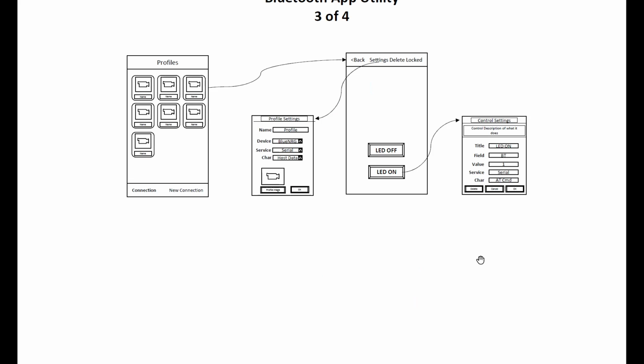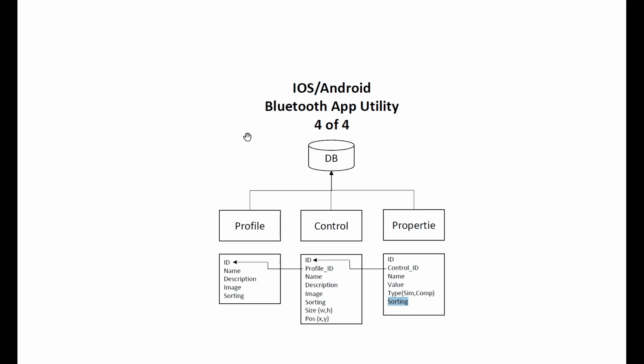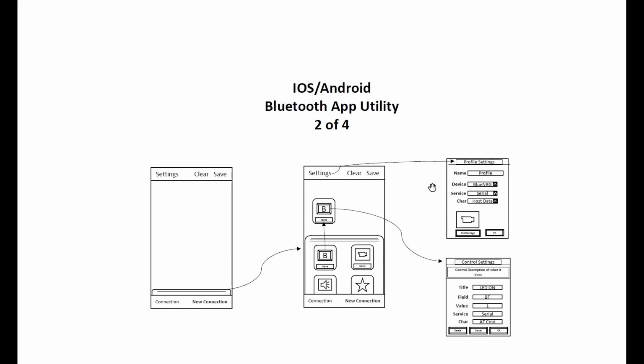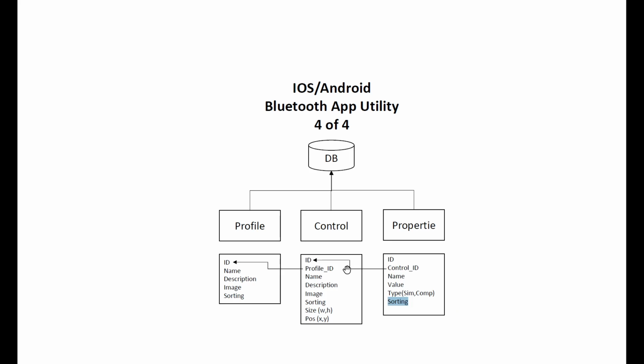So the idea here is that this database is going to be used for two things. One is for every control we add on this menu, is going to reside in the database itself. So we will have a profile, likely named default, and that profile will have all the controls that can be dragged and dropped into a new layout, a new design, and all the properties belonging to that.